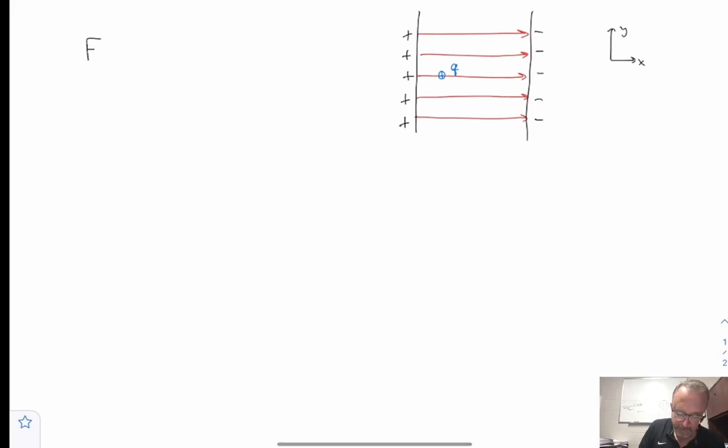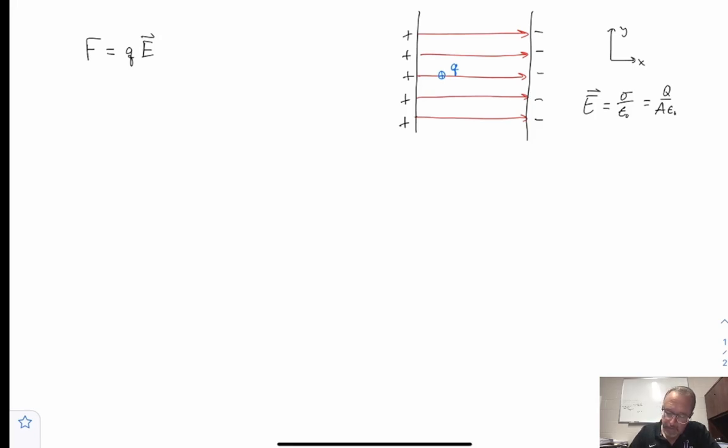And so the force on charge Q will be equal to Q times E. Of course, we remember the electric field from a parallel plate capacitor, uniform electric field, has a specific value. It's just equal to sigma over epsilon, where sigma can be thought of as the charge per unit area on the plate of the parallel plate capacitor.